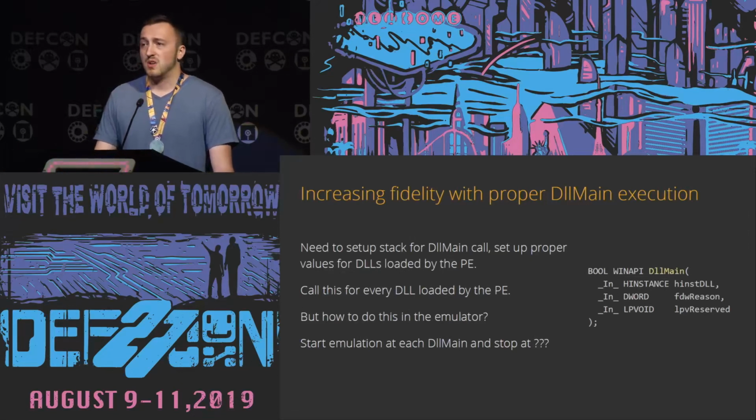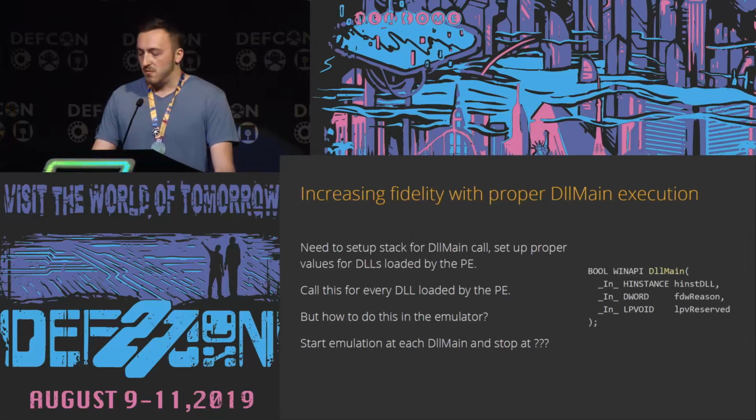The interrupts would pause the emulation, and then we would update the stack with the next DLL that needed to be run. If it also had a DLL main, we'd run through that again, and so on and so forth. But it turns out that when we were pausing the emulator, it would be a little bit more of an unclean state for the emulator itself.